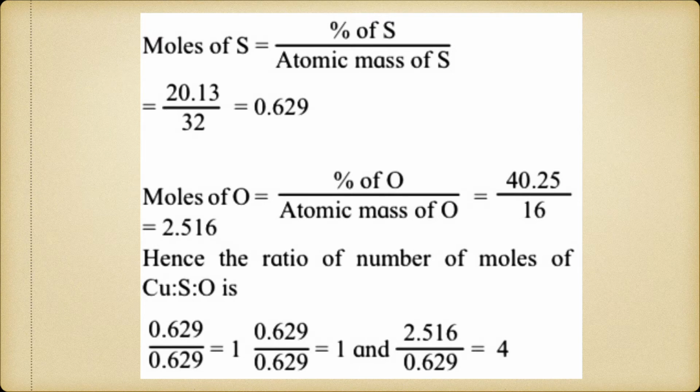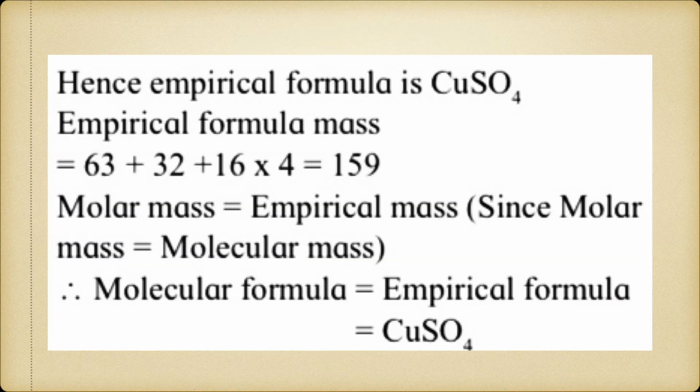So I can easily say that the ratio of copper to sulfur to oxygen is 1:1:4. After finding the ratio, I can write down the empirical formula. So my empirical formula is CuSO4.